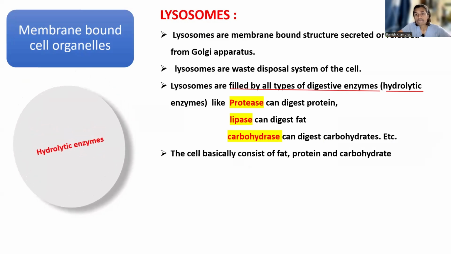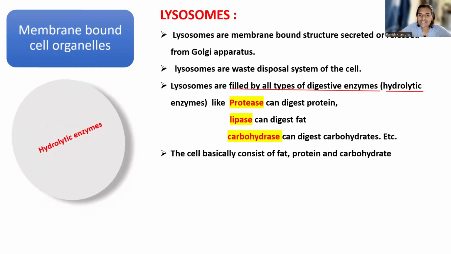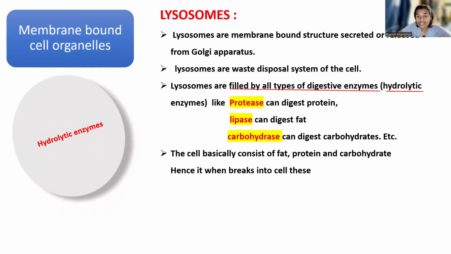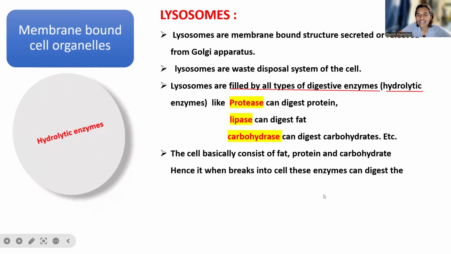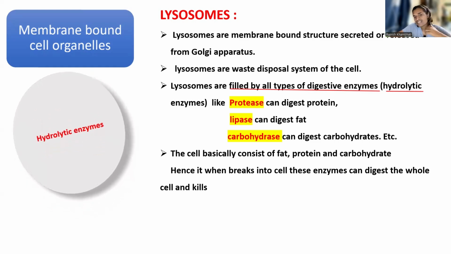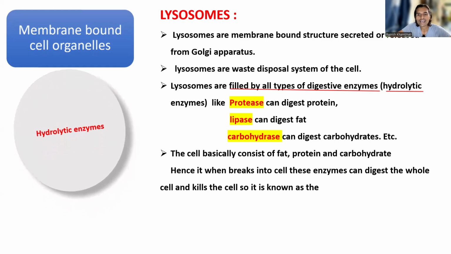If by mistake this is broken inside the cell, and the cell is made up of fat, protein and carbohydrate only, it is going to digest the whole cell. Hence when it breaks inside the cell, these enzymes can digest the cell and kill the cell. So it is known as the suicidal bag of the cell.